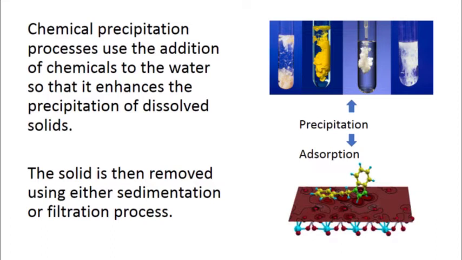Chemical precipitation processes use the addition of chemicals to the water so that it enhances the precipitation of dissolved solids. The solid is then removed using a sedimentation or filtration process. Chemical precipitation processes are used for the removal of heavy metals and phosphorus from the water.